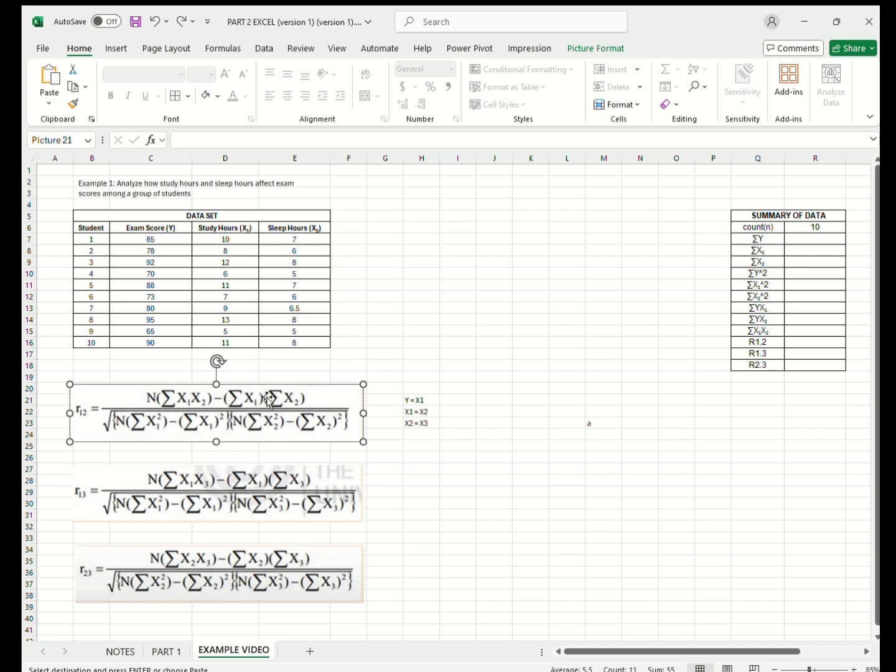We also need to get the squared of the dependent variable, and then the summation of the independent variable study hours squared. We also need to get the squared of the independent variable sleep hours.